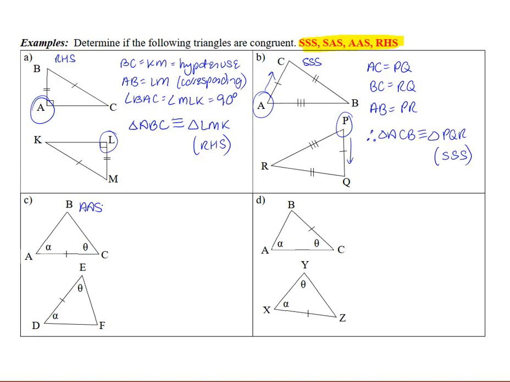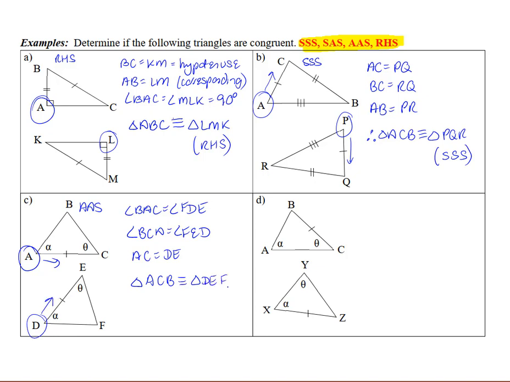So now I just go through and I go angle BAC equals angle, so I've gone my alpha, FDE, angle, now do theta, BCA equals angle FED, and then AC equals DE. So triangle, now I have to go in the same order. I'll start at A and go to the side that I've got. So triangle ACB is congruent to triangle. So I start with my alpha and go along the side.